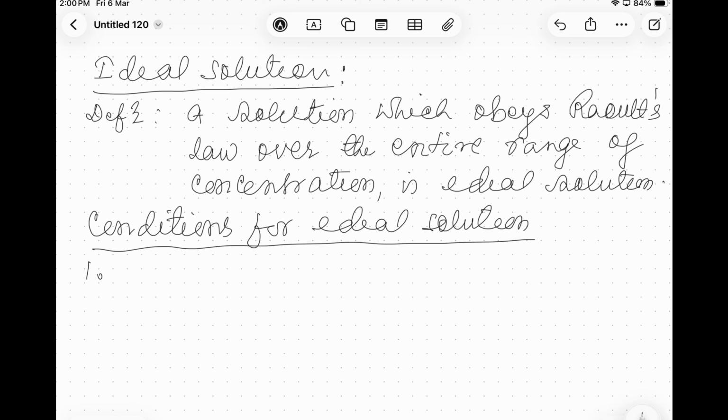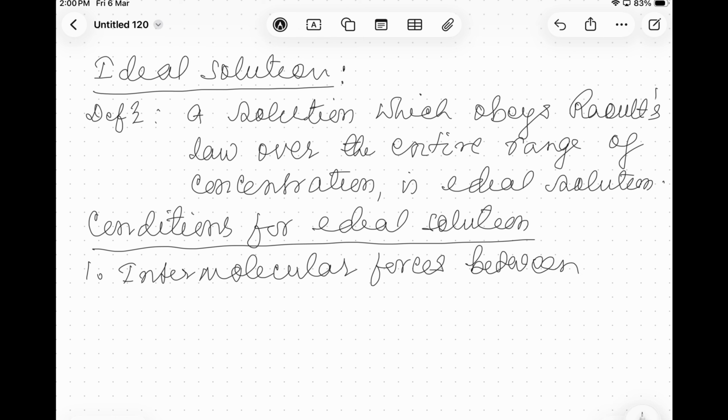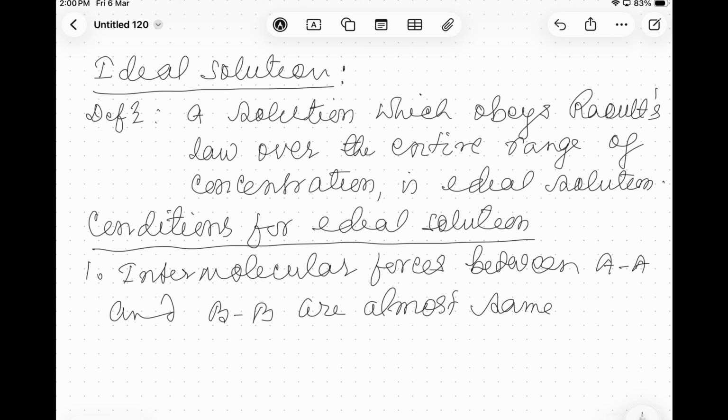Number one, intermolecular forces between molecules of A and between molecules of B, that is BB interaction, are almost same when these two are mixed in AB.